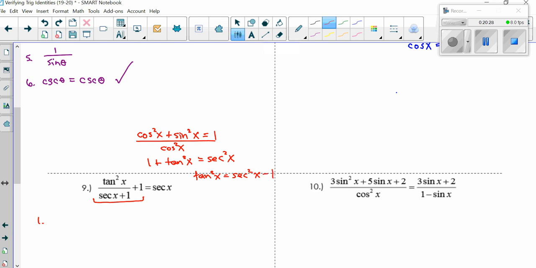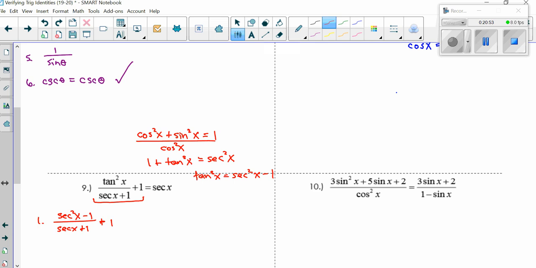Honestly, sometimes I forget the properties too, and I always just go back to here and figure it out based off of that property. So that means that I can replace the numerator with secant squared x minus 1 over secant x plus 1 and then a plus 1 on the outside.